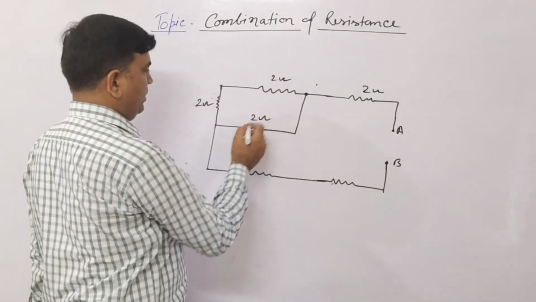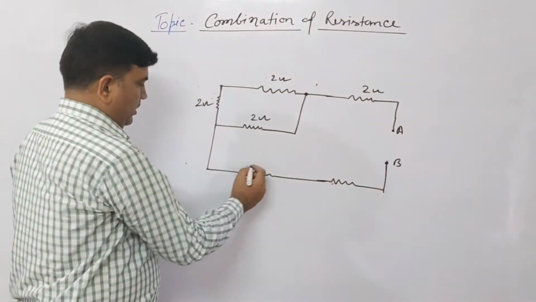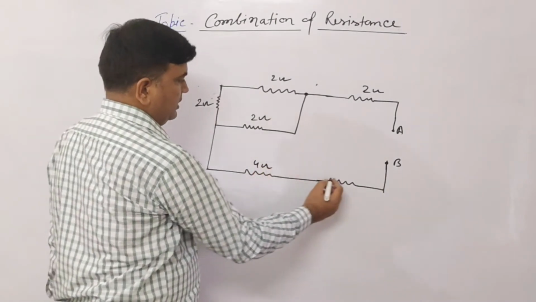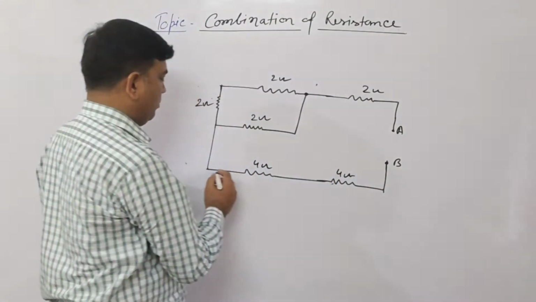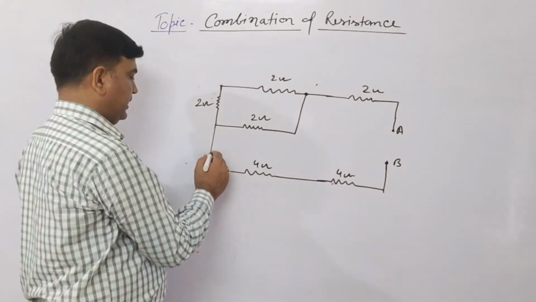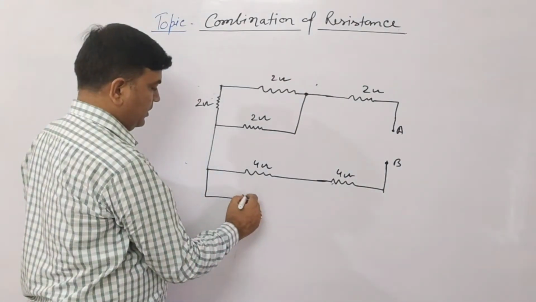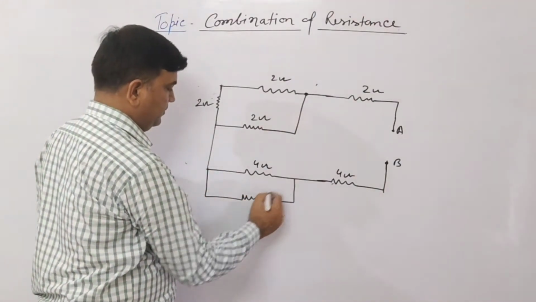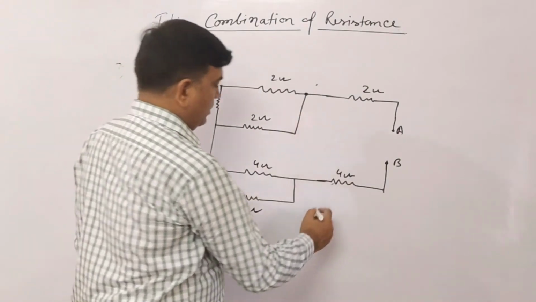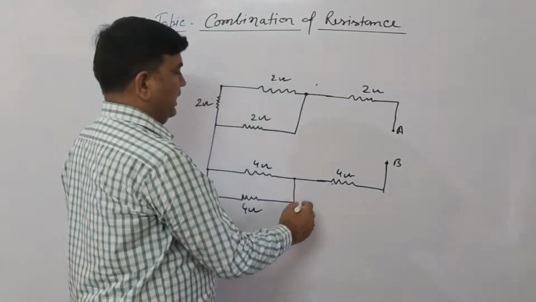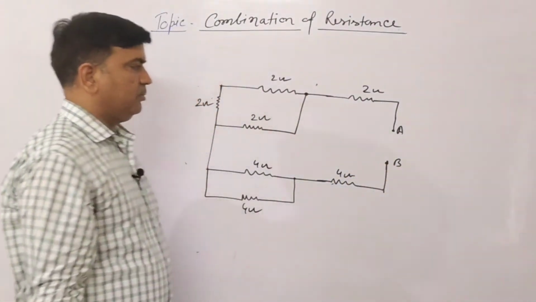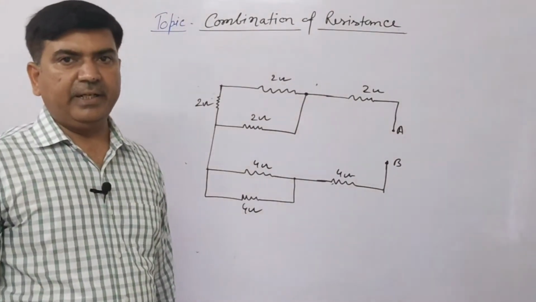It is also a 2 ohm resistance. And it is a 4 ohm resistance. Suppose that one additional 4 ohm resistance is also connected across this resistance. And find out the equivalent resistance across the points A and B in the given circuit diagram.